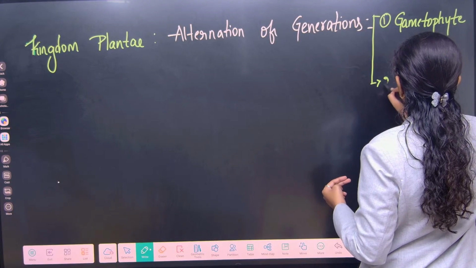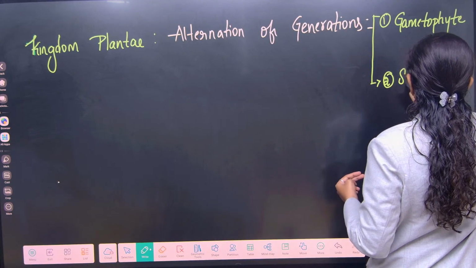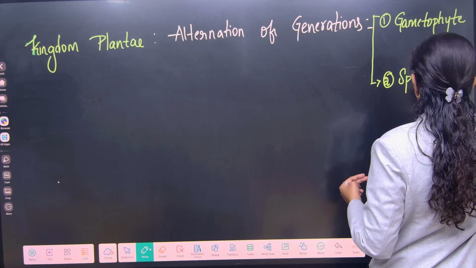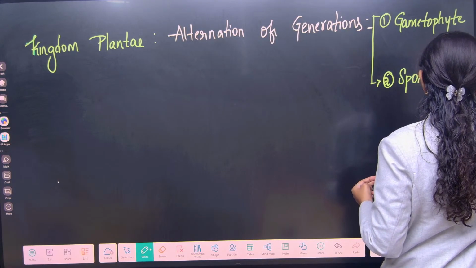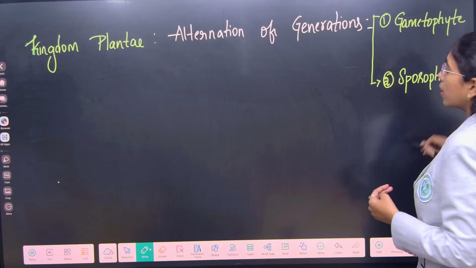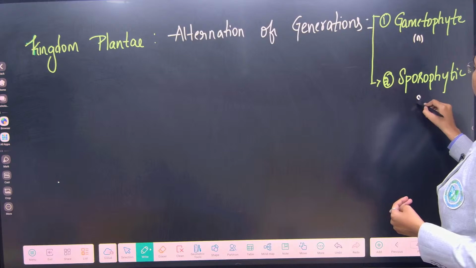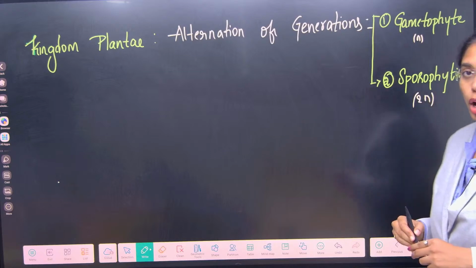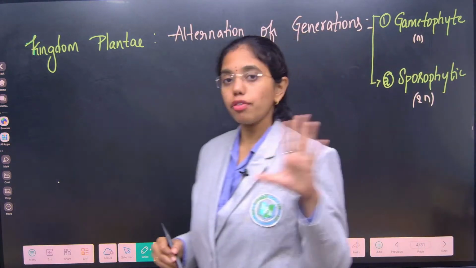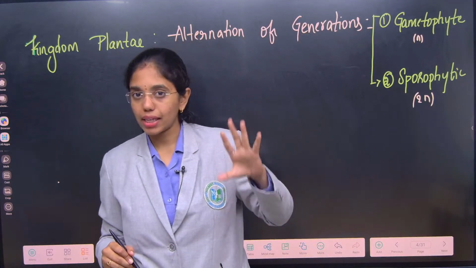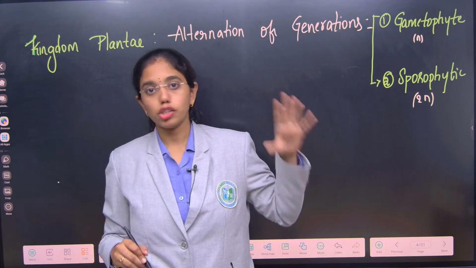Second is sporophytic generation. Gametophytic generation includes the haploid phase, sporophytic generation includes the diploid phase. Likewise, all the 5 divisions of Kingdom Plantae will exhibit alternation of generations.